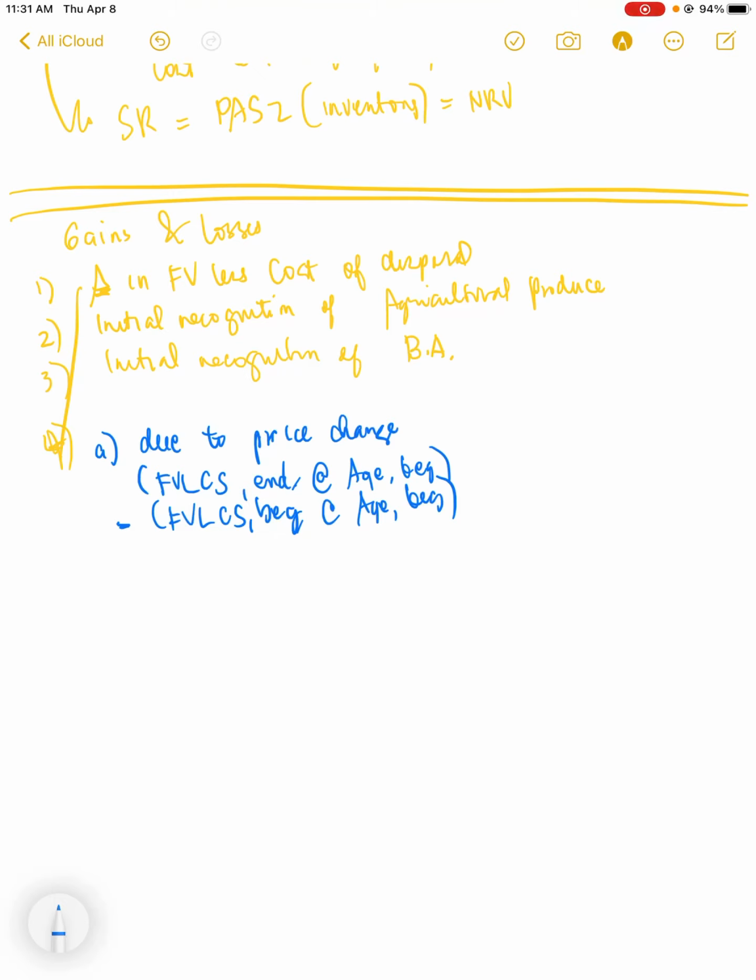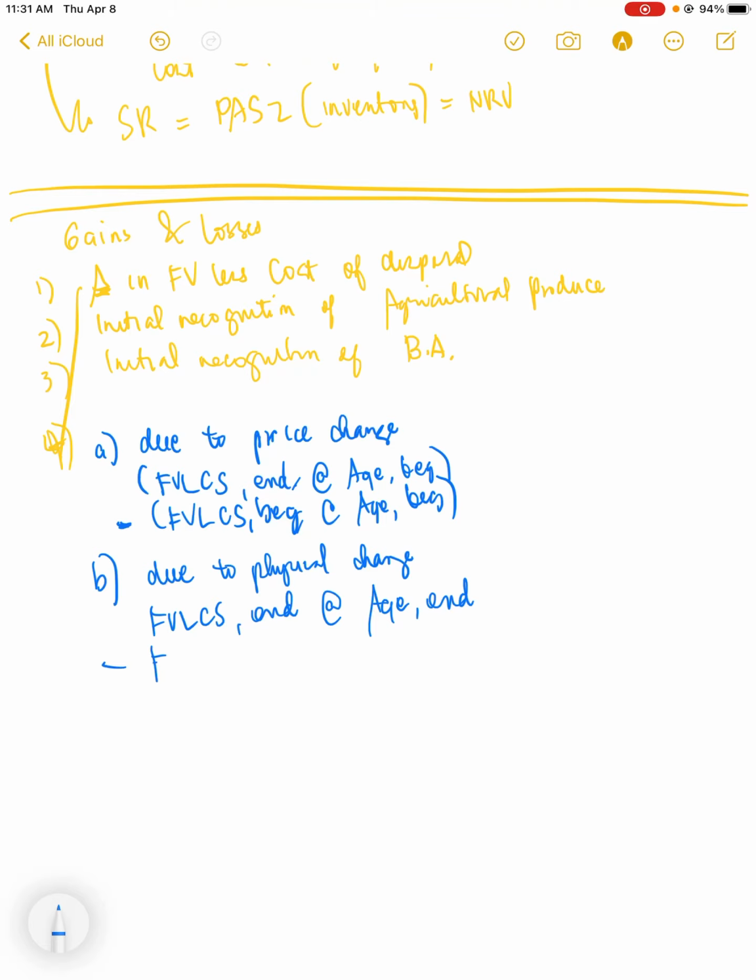Okay. Now, posible rin po na ang reason ng fair value or changes in the fair value is due to physical change. Okay? Ibig pong sabihin, ang pagbabago ay hindi sa presyo kung hindi sa physical change. At kapag ka po ganun, ang pagkukumpute po nun, you will be getting the fair value less cost of disposal at the end. At kung ilang taon na siya nung end ng accounting period.